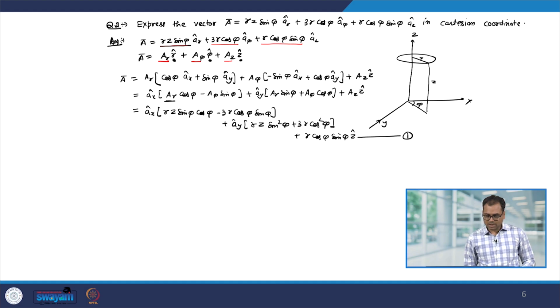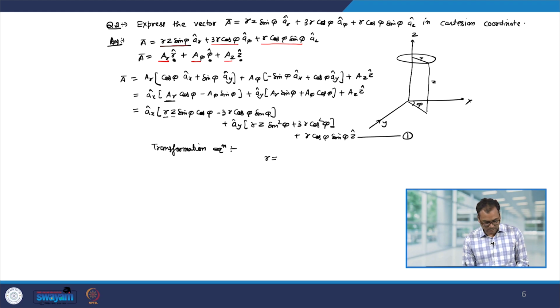Now what I have to do is write down this r, z and phi in terms of the Cartesian coordinates. For that we have the transformation equation. The transformation equation from cylindrical to Cartesian coordinates is r equal to square root x square plus y square. This you can see from the geometry, and tan phi is y over x, and z remains z.